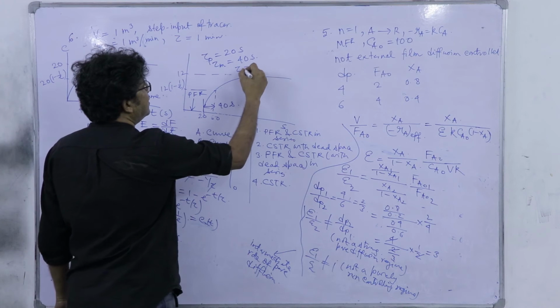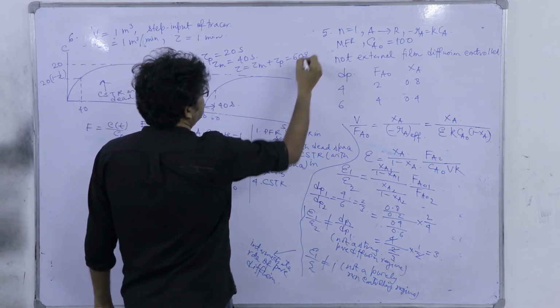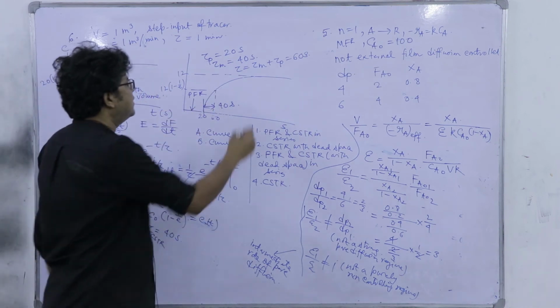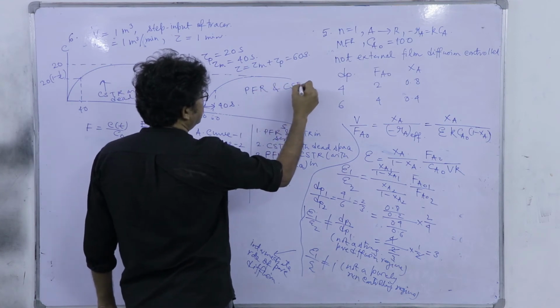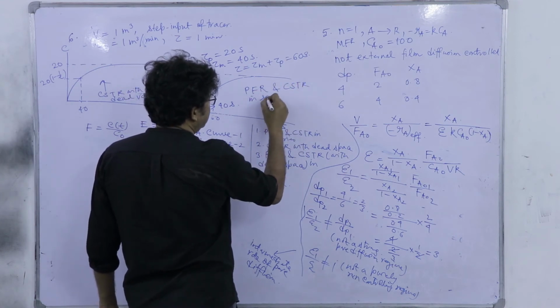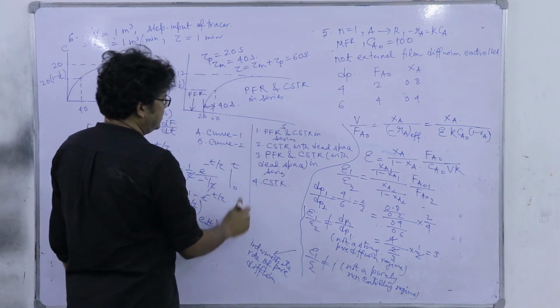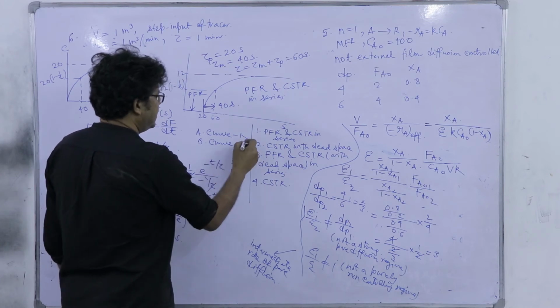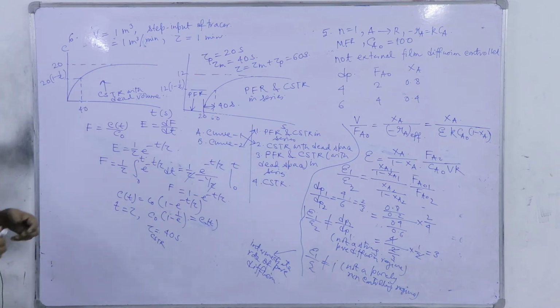So, overall tau m plus tau p is 60 second. So, this second one is PFR and CSTR in series without any dead time. So, curve 1 is CSTR with dead volume, curve 2 is PFR and CSTR in series. So, that is my answer.